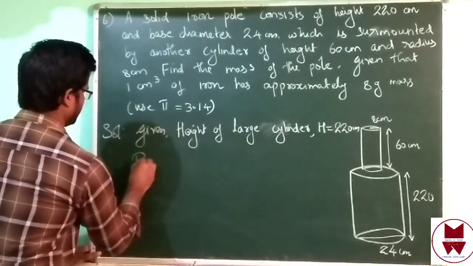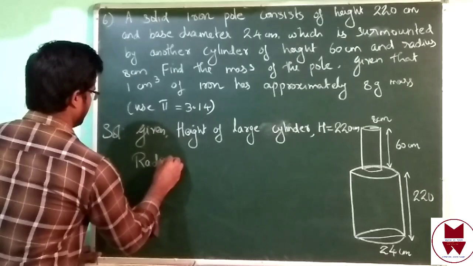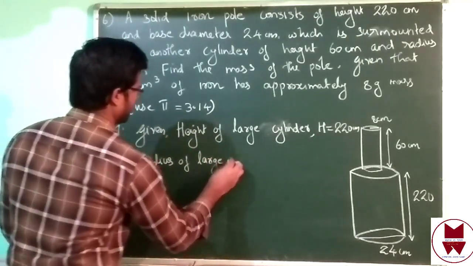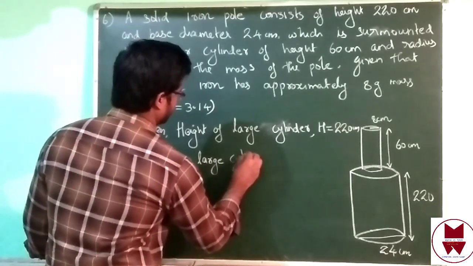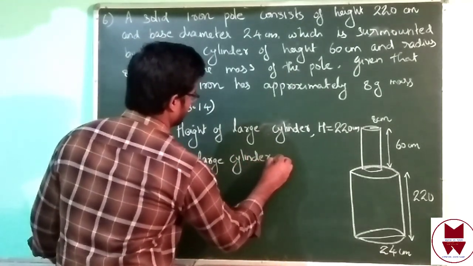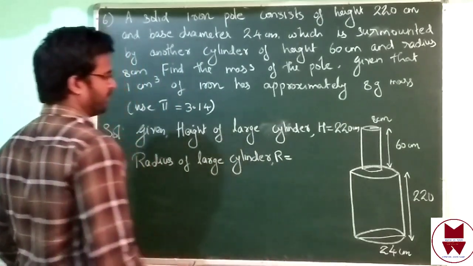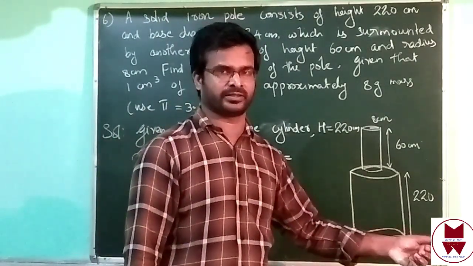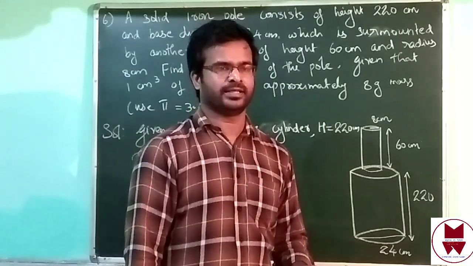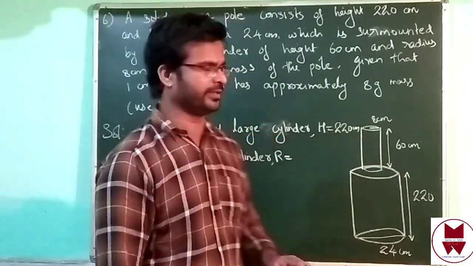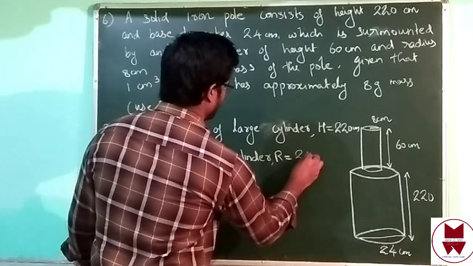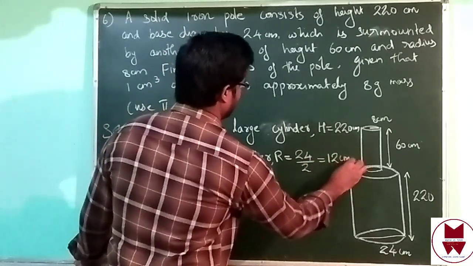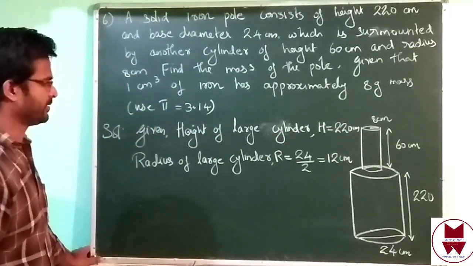And then the radius of large cylinder, capital R we can take. Then what is the radius? Here they have given the diameter. Diameter is 24, isn't it? Then how can we find the radius? Half of the diameter, that is the radius. We can write 24 divided by 2 equal to 12 centimeter. That is the radius of the large cylinder.